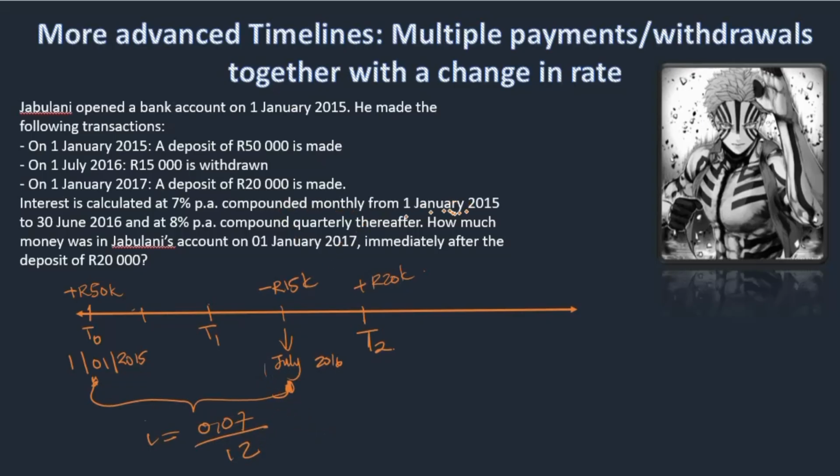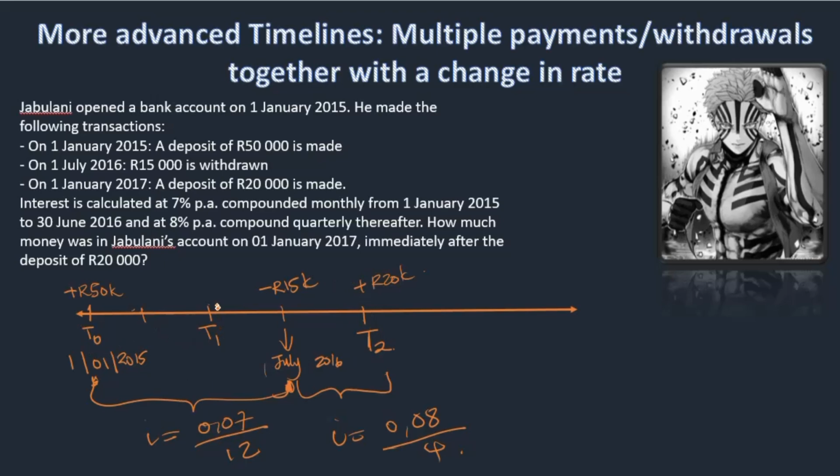And then afterwards, the compound interest was 8% compounded quarterly. So from here up until here, my i was 0.08 compounded quarterly, so divided by 4, right? And then how much money will this person have by the 1st of January 2017?